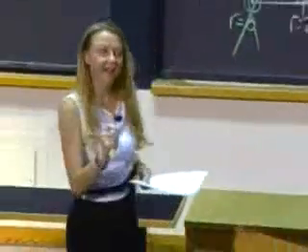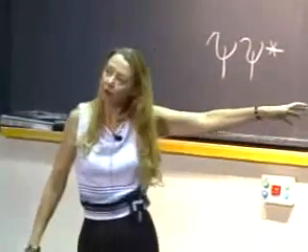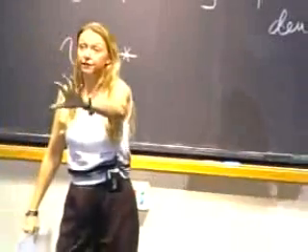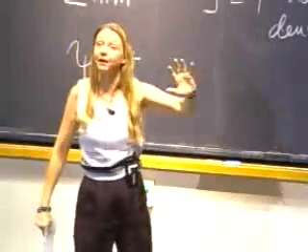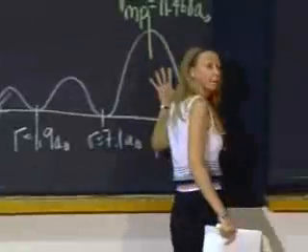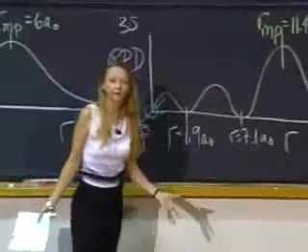Instead, what we have to think of is the electron as a wave. And we already know that a wave can have amplitude simultaneously at many different positions. So it has simultaneous amplitude or probability here, here, and here, all at the same time.